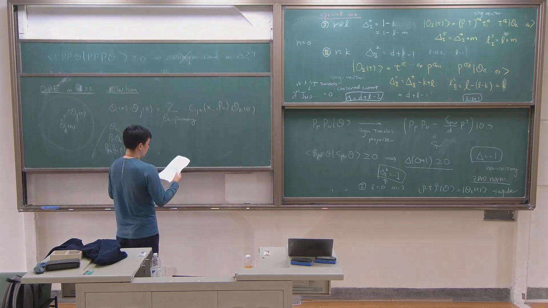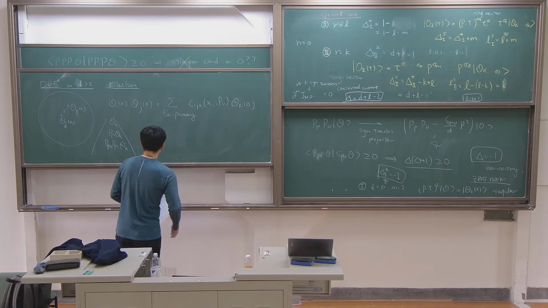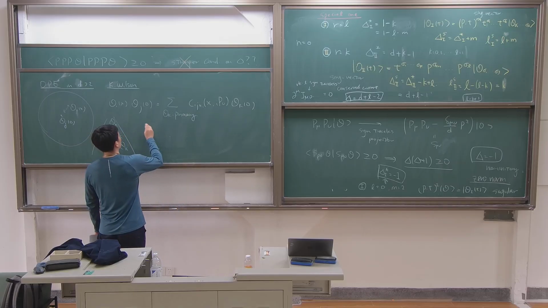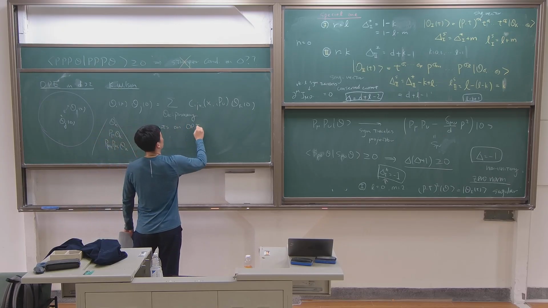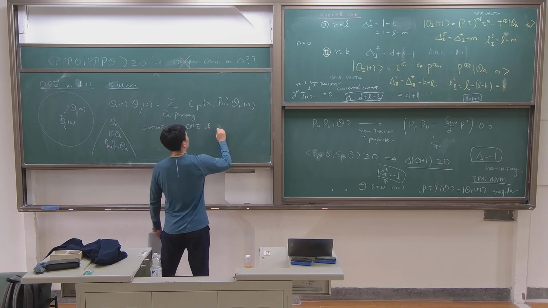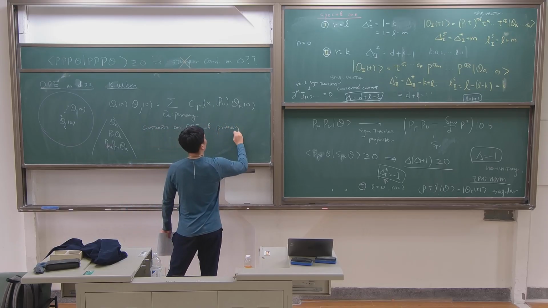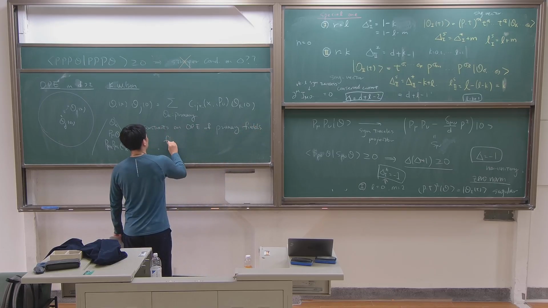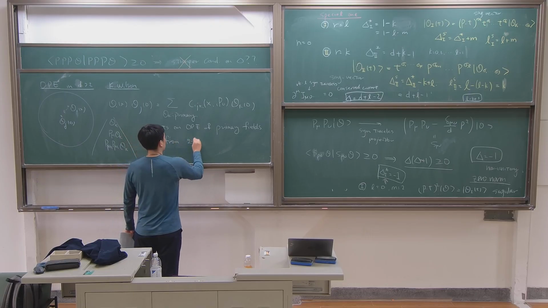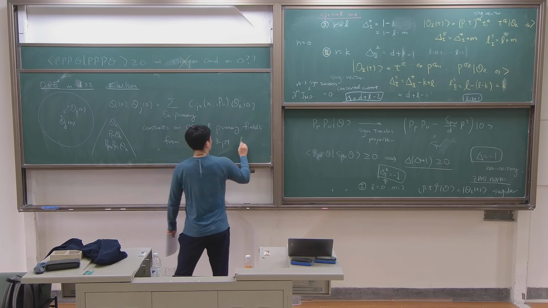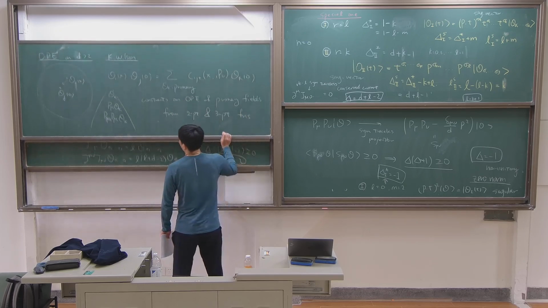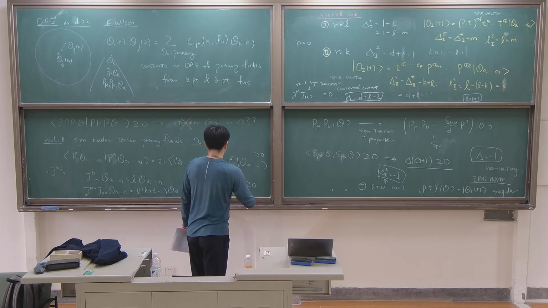If you consider the 2-point function and 3-point function, one can consider the constraints on the OPE of the primary fields from the 2-point and 3-point functions.